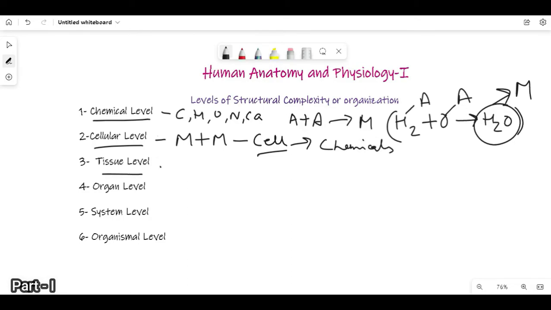The third one is the tissue level. A group of cells is called a tissue, and tissues work together to perform a particular function.